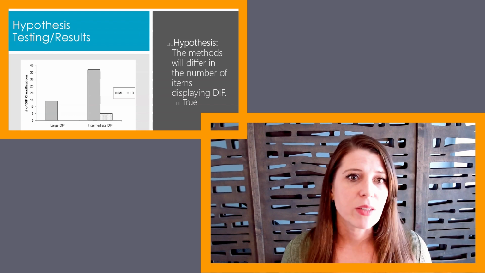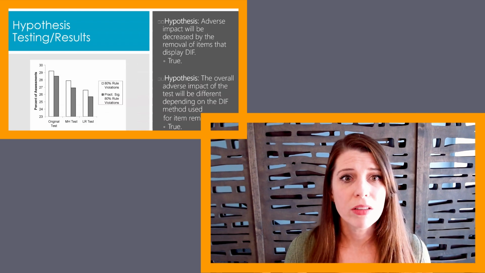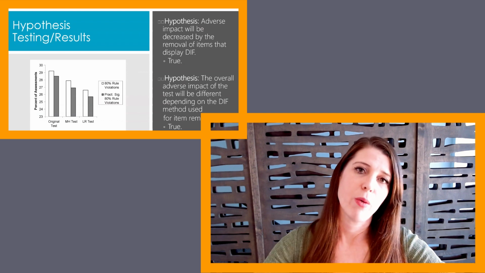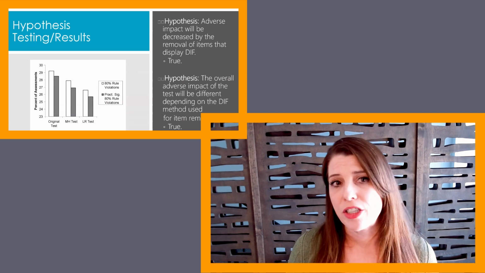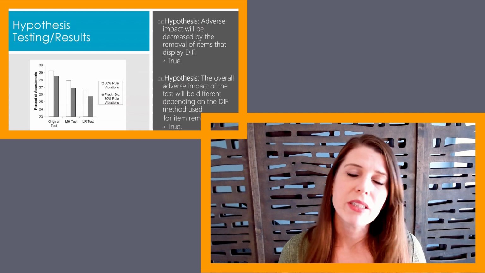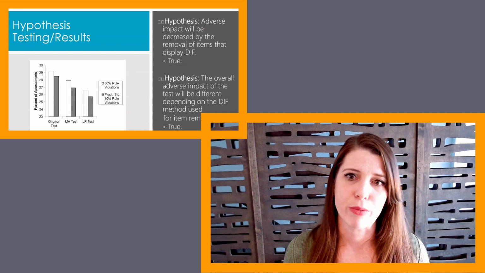My next hypothesis was that the adverse impact of the test overall would be reduced if I removed the questions that had been identified as having DIF. Now, the way that I measured adverse impact was using this pretty general rule, but it's one that's used in the Uniform Guidelines and other places. It's called the 80% rule.